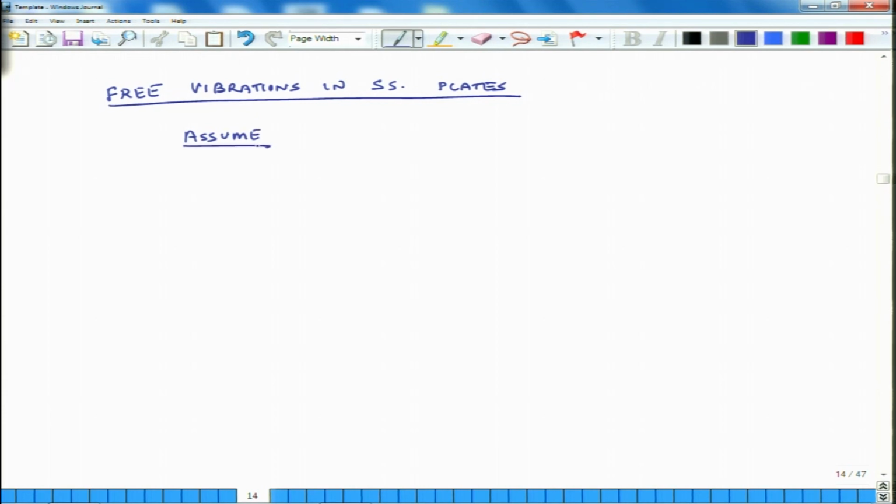If it is free vibration, then there is no external force acting on the plate. We assume that the laminate is symmetric, which means the B matrix is 0. Second, we assume that D16 is equal to D26 is equal to 0.